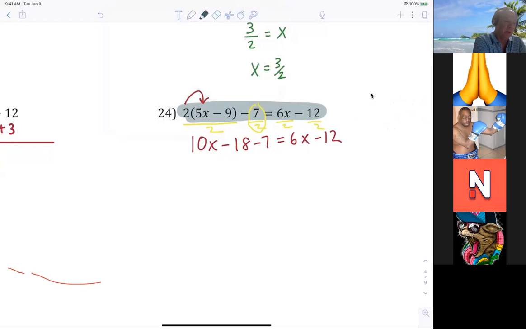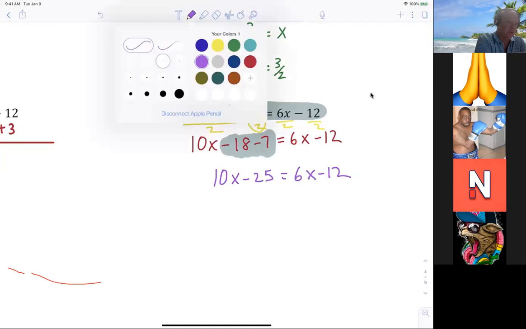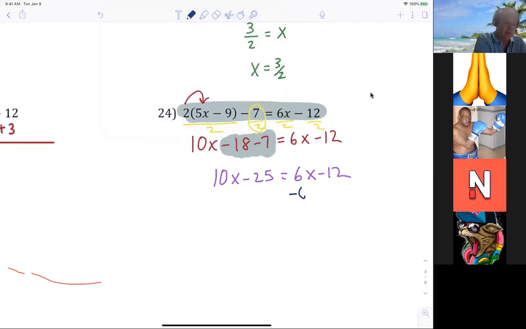Now what I need everybody to do is combine terms. So the negative 18 and the negative 7 is negative 25. Now we're moving variables to the left, so subtracting 6x, and then we're adding 25 to both sides.